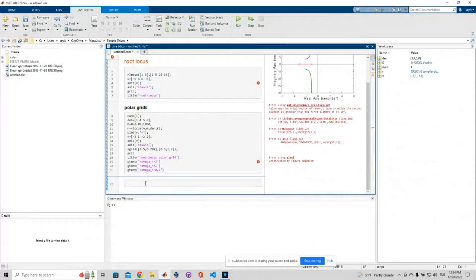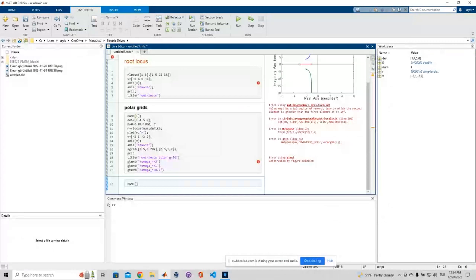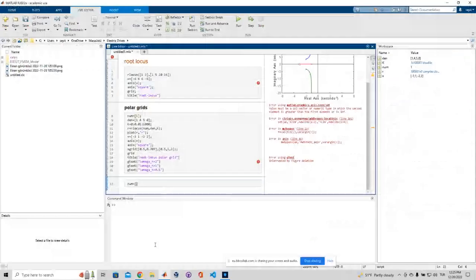Okay, let's go to the last part. Anyone don't remember the homework I gave last week? I want you to define a function. Doesn't matter which one it will be, it's up to you. Define a function. I want you to find the transfer function of it, steady state, and I want you to draw a step response and ramp response of your function and send it to my email, all right?